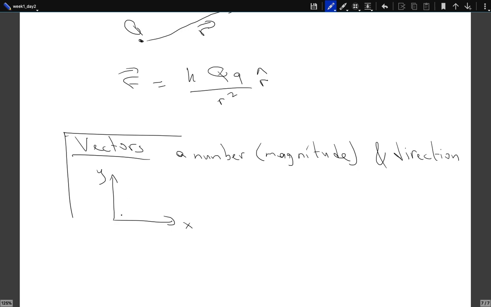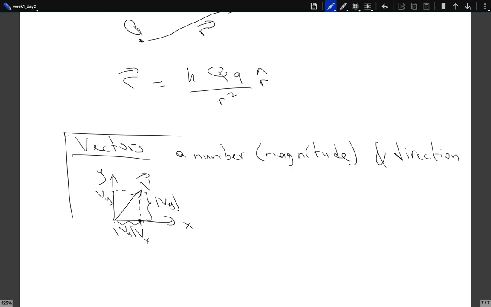If you just choose some axis in some direction, again, it's completely arbitrary which directions you choose. If you have a vector, this is v, you just draw the vertical line to the x-axis and the horizontal line to the y-axis. So this length is vx, and this is the absolute value of vy, because vx and vy can be negative if they are on the other sides.